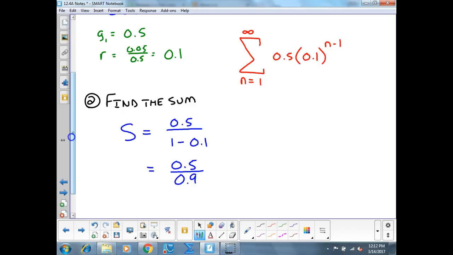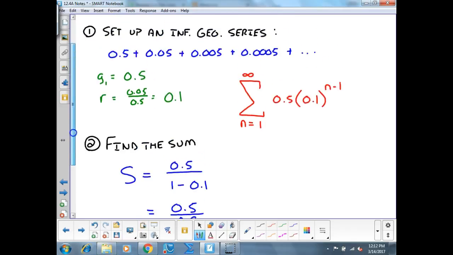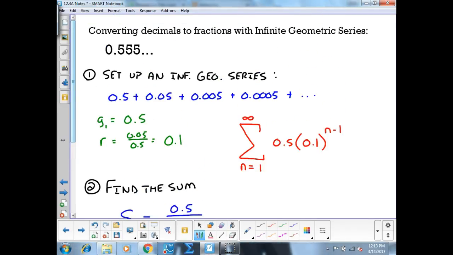Now we come to a crossroads. Because what do you want to do? Divide it on your calculator. If you divide it on your calculator, what are you going to get? Do it on your calculator. What do you get? 0.5 divided by 0.9. What's your decimal?